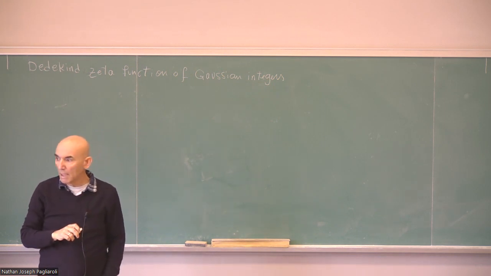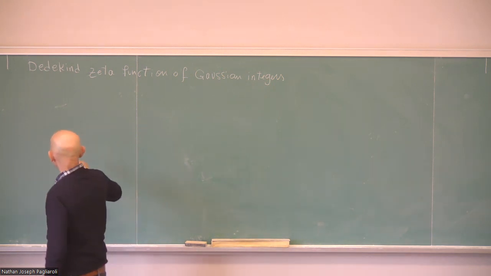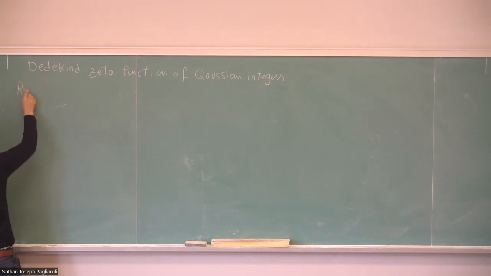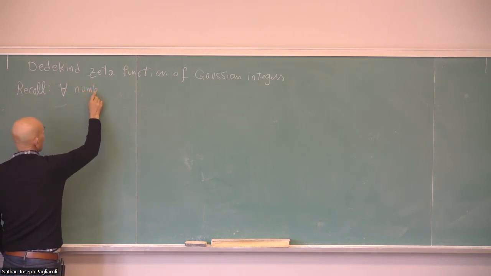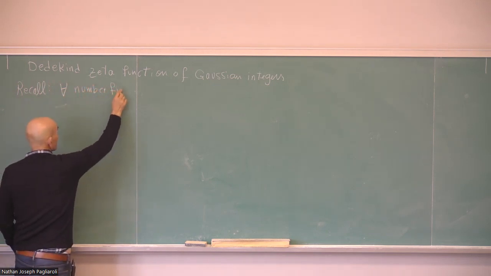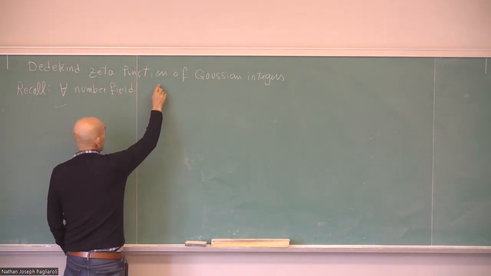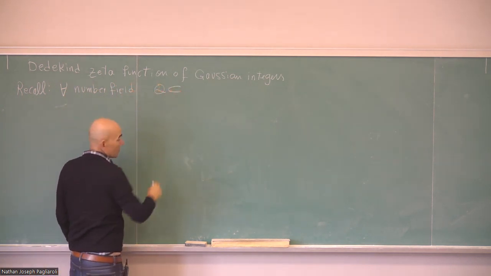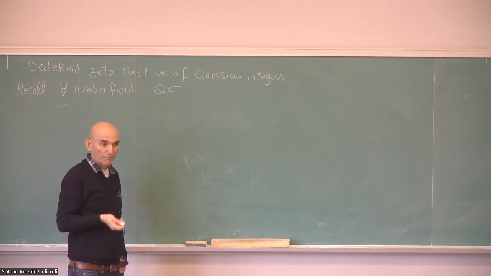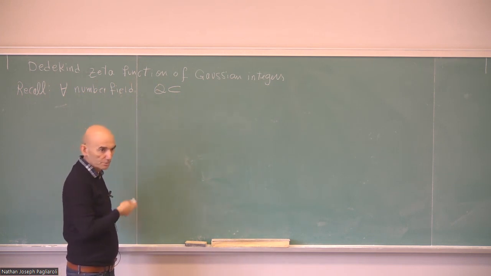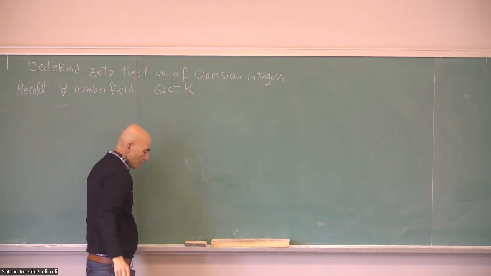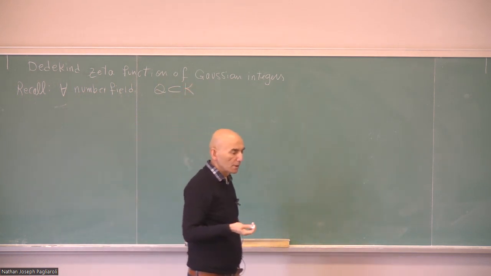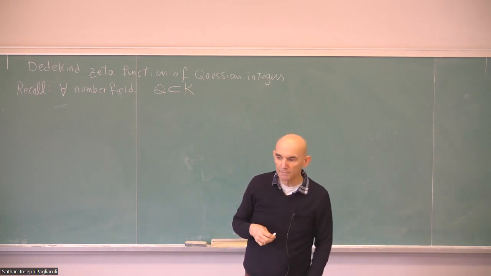So you remember that, let's recall this from last lecture. For any number field, so a number field was just a finite extension of the field of rational numbers. It is a field which is a finite extension of Q. For any number field, we defined a zeta function.